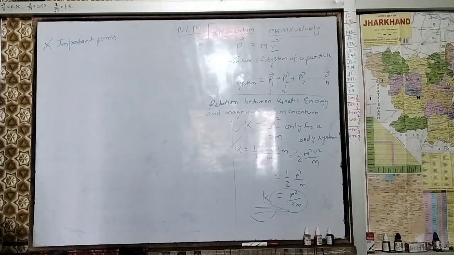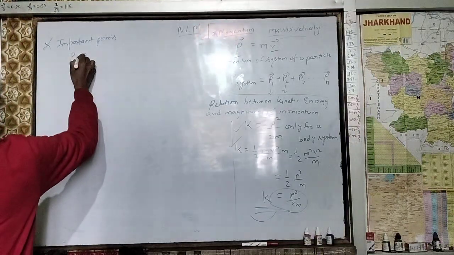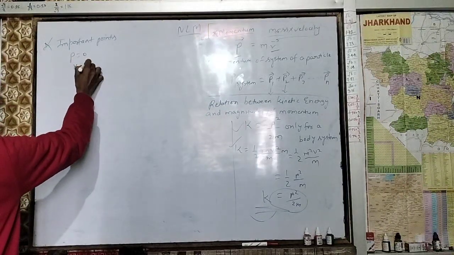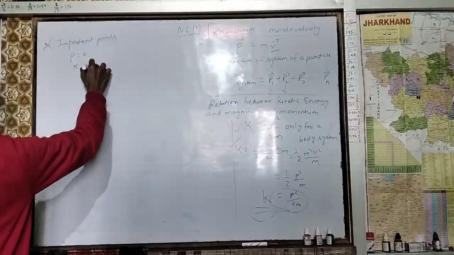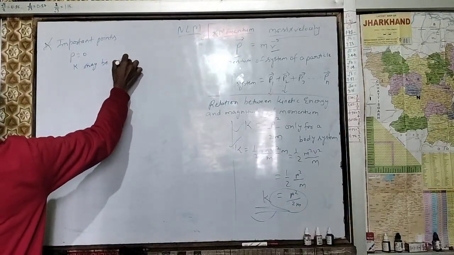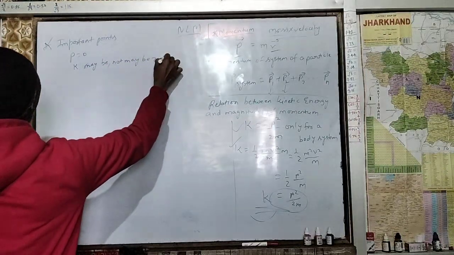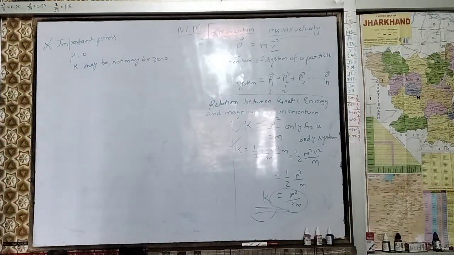If P is equal to zero, the kinetic energy may be zero. Don't think that if momentum is zero, it means the kinetic energy will be zero. Now this is an important point.